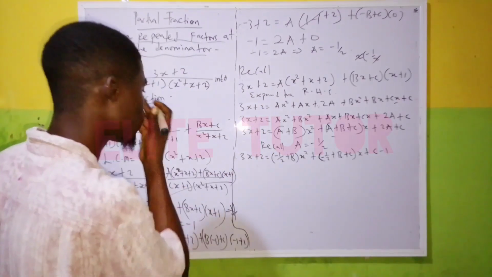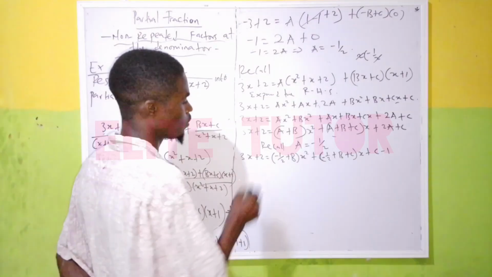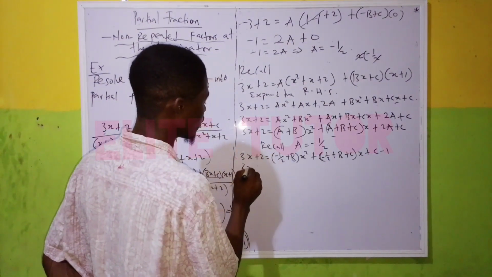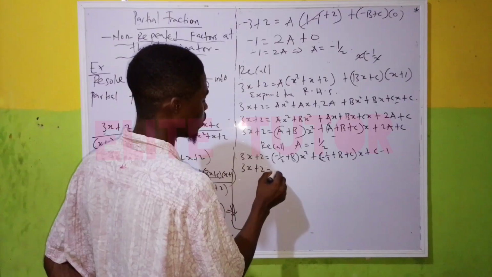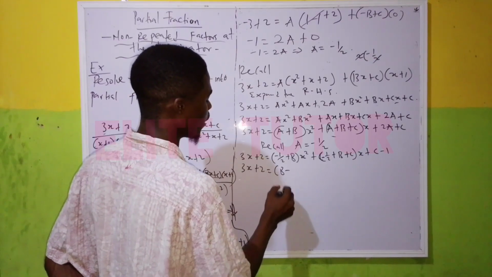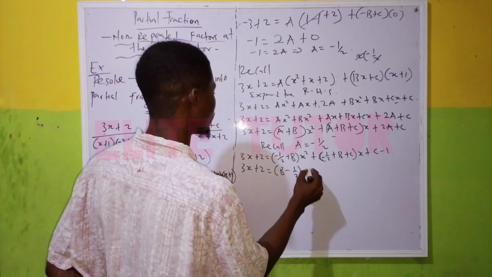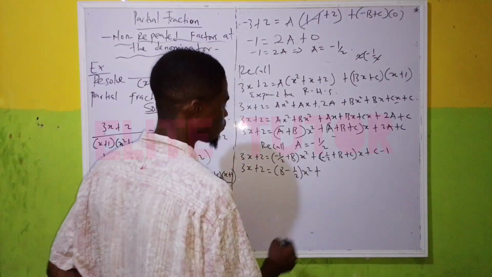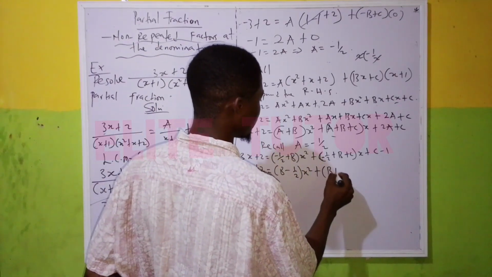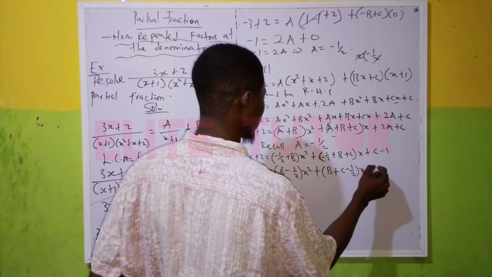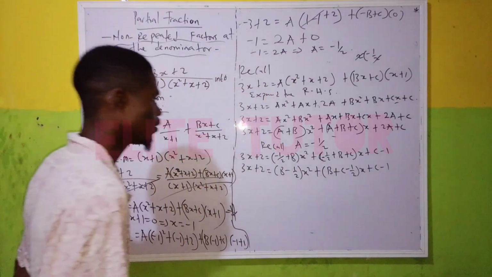So that's it. So now we can write this as 3x plus 2 equals 2 into bracket b minus half x squared plus b plus c minus half x plus c minus 1.